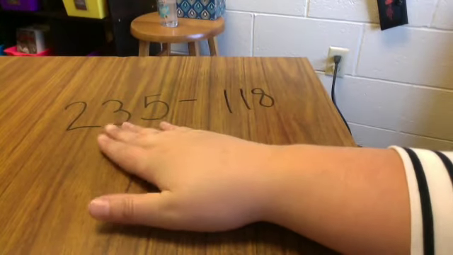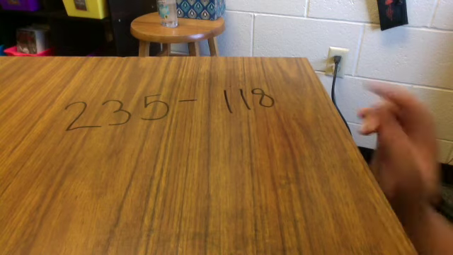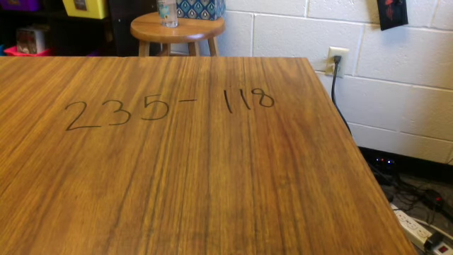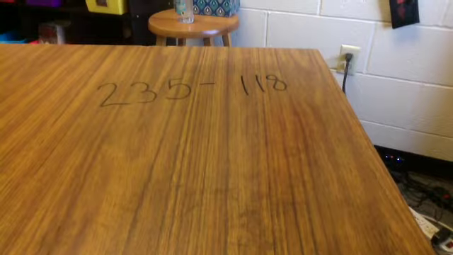Remember, I'm going to show my biggest number with the sticks and bundles, 235, because I'm going to take away 118. So 235. I will find my hundreds first. I'll back this up so I have a little bit more room. And I have 20, 40, 60, 80, 100.